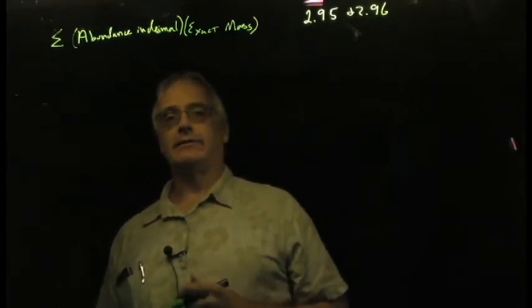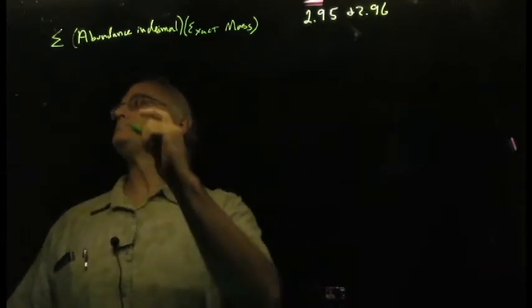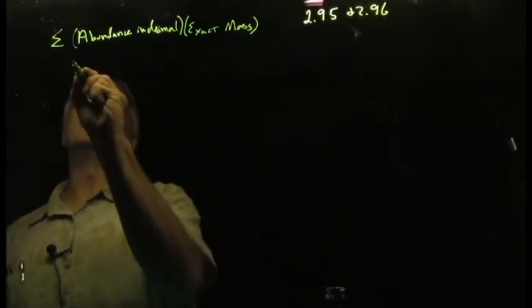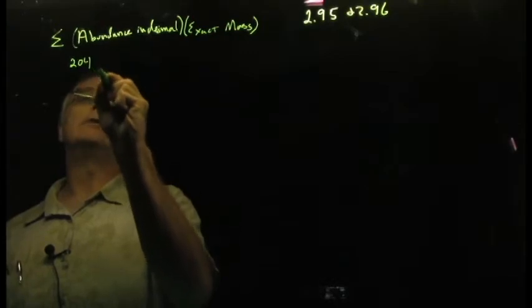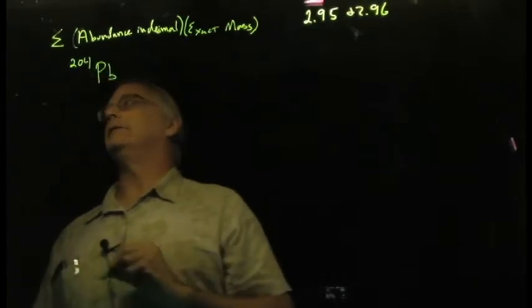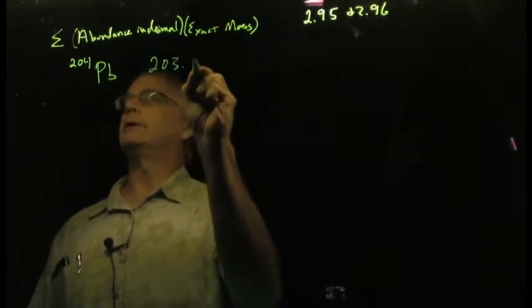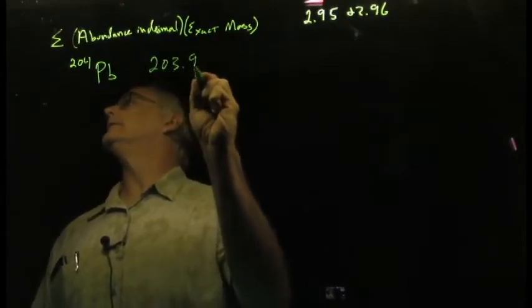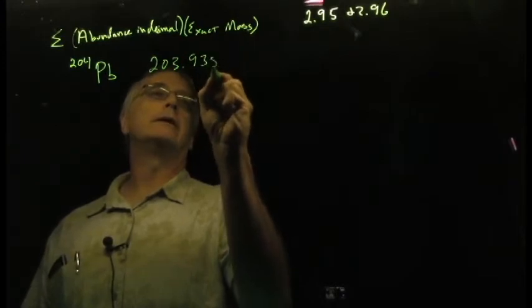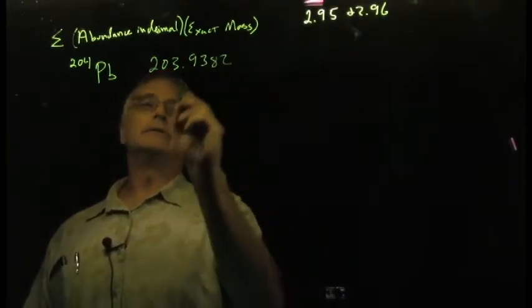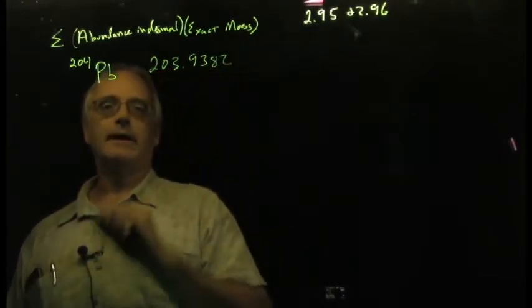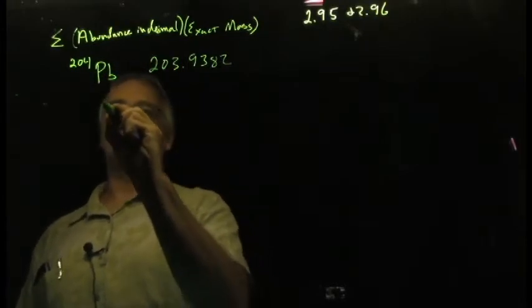The isotopes are lead 204. What I've done is just simply taken its exact mass, the 203.9382 that they handed us in the problem, and rounded that to 204.